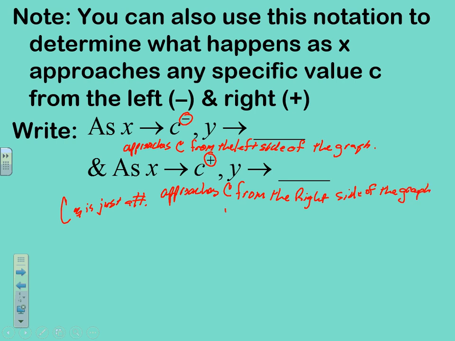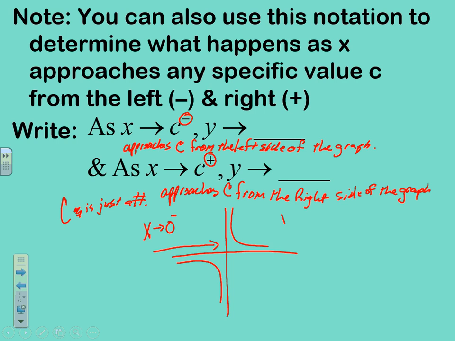So let's just say that we had our reciprocal parent function, something like this. The c in this case would be when x is 0. So we would say as x approaches 0 from the left side, what does y do as it comes to that vertical asymptote from the left side?